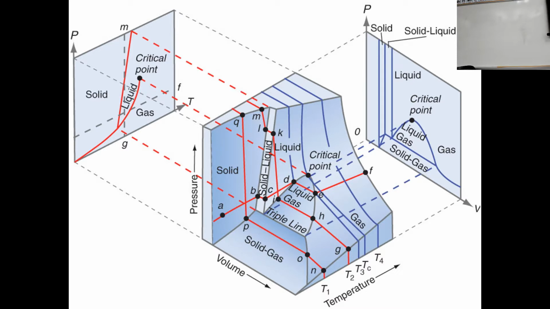So if I look at the PV phase diagram, I can see this face right here that's the liquid gas equilibrium, and this shelf here that's the solid liquid equilibrium. But if I'm looking down the side, that face of the liquid gas is just that sideways line up here. And then this shelf here, I'm just looking at the side of that shelf right there.